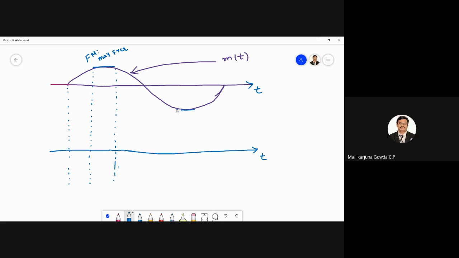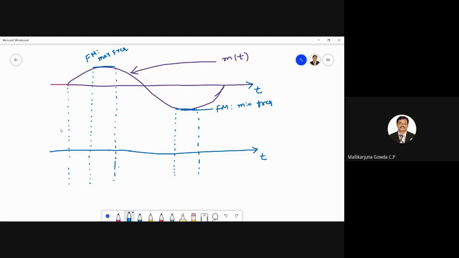During this period the amplitude of the message signal is reducing, so at this instant we need to draw fewer cycles. So here this will be FM minimum frequency.